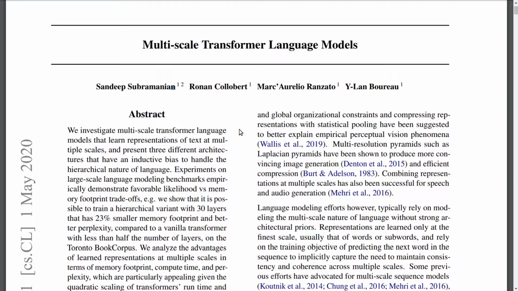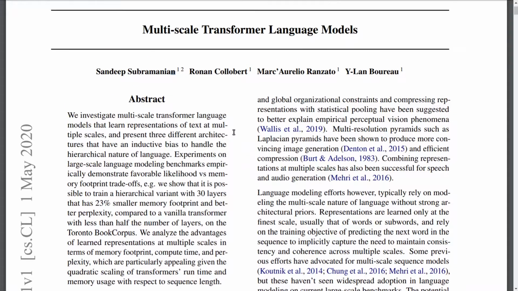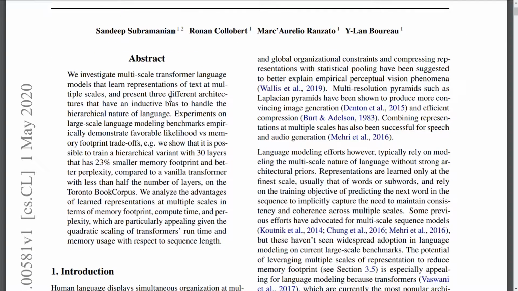And also it might lead to more memory efficient models, which is the main focus of the authors of this paper, where they propose a bunch of new language model architectures which operate on multiple scales rather than the fixed scale of the base transformer language models like GPT-2 or others related.